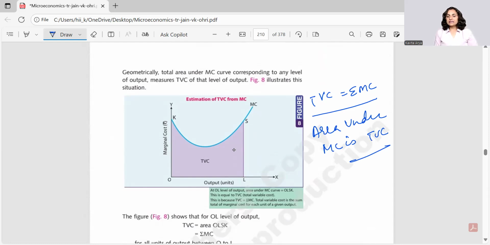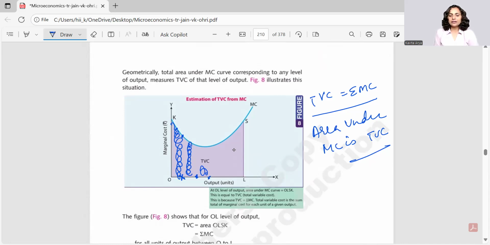We did a similar type of relationship in the previous expression also, right? In the previous modules. Now let's understand. When we are making one unit of production, this is my cost, right? So I have spent this much. When I'm making the second unit also, this is the second unit's additional cost.